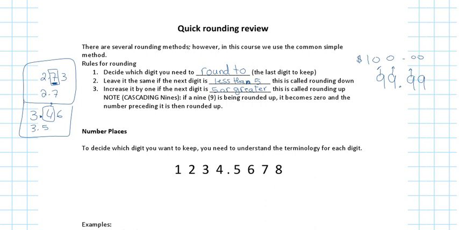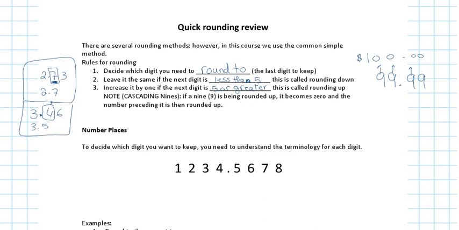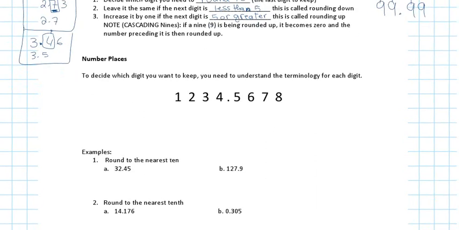So let's recap the names of the places. You have the decimal place, digits before the decimal place, and digits after the decimal place. Let's recall what we call these. This is your decimal place, right here. The first number before the decimal place, in this case 4, is the ones.